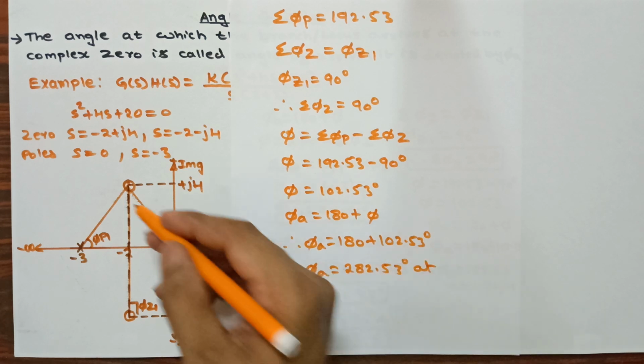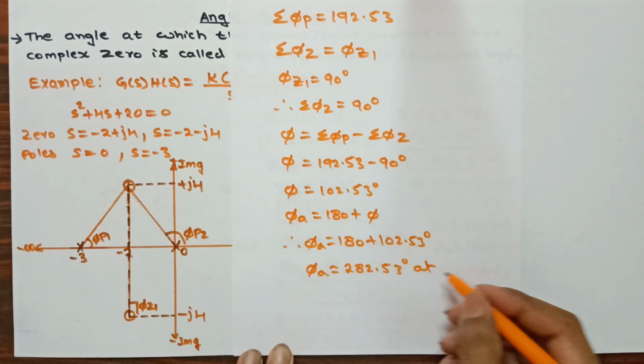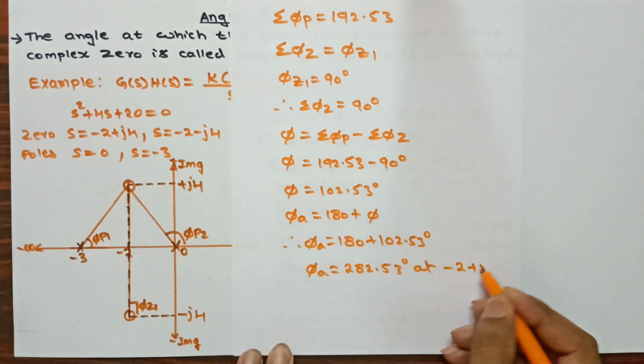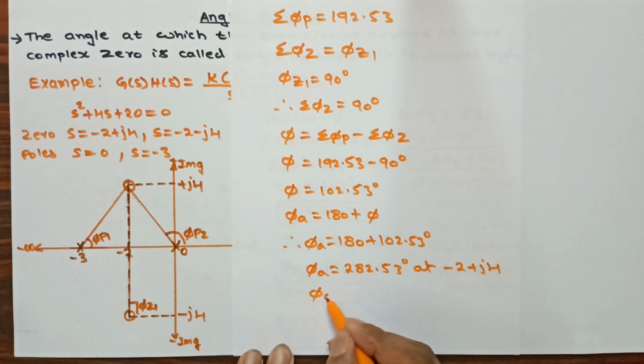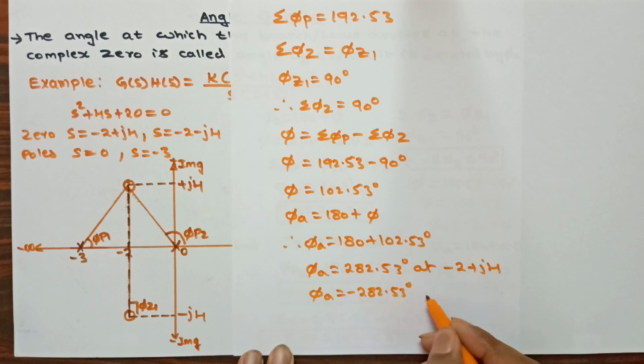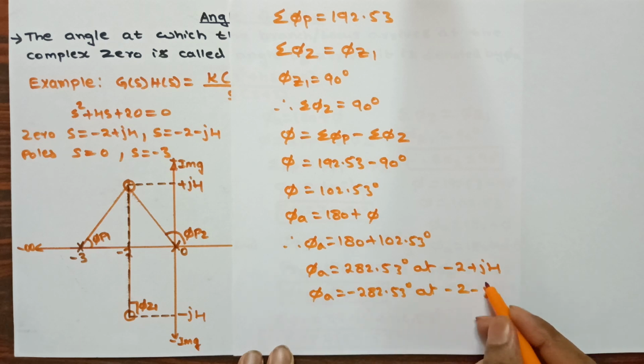I have calculated this at this point, that is at minus 2 plus j4. The same value with opposite sign I am going to consider at this point, that is minus 282.53 degrees at minus 2 minus j4.